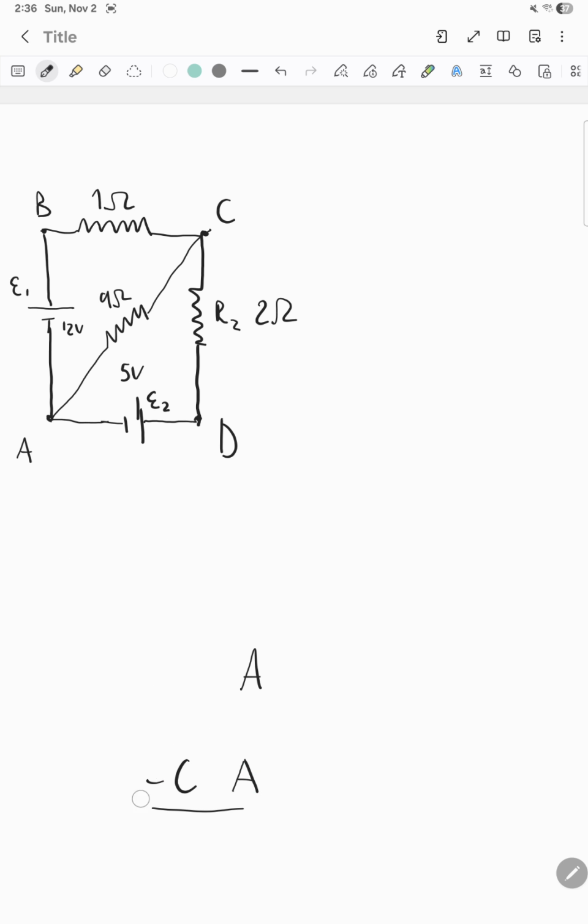So you'll have to watch out for that, because a loop is not necessarily just a circuit, but it depends on where the current can go. The current can go like this, or like this, or like this.